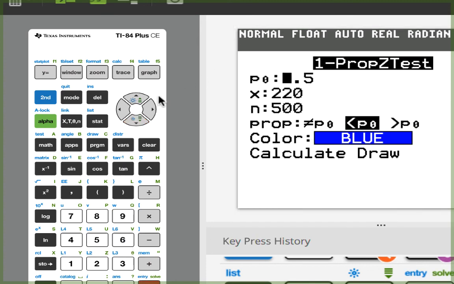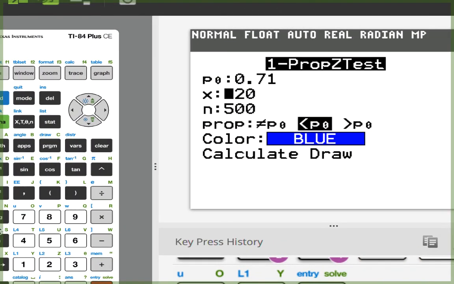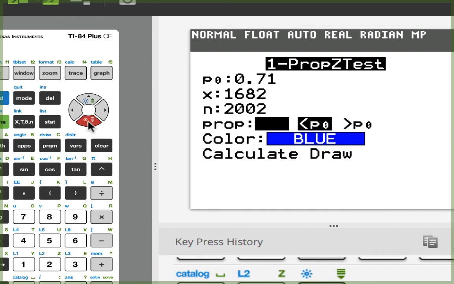Now this one, p0 is 0.71, enter. Now x was 1682, enter. The number of samples is 2002. The proportion is not equal to, so make sure that is selected, enter.